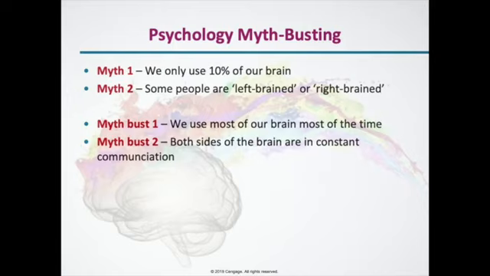That's right. While there are areas of the brain that are responsible for specialized processing, both sides of the brain are in constant communication with each other. So while the left or right side of the brain might be better at certain mental activities, they're only relatively better at those activities.